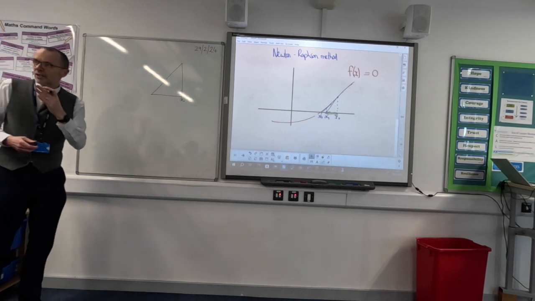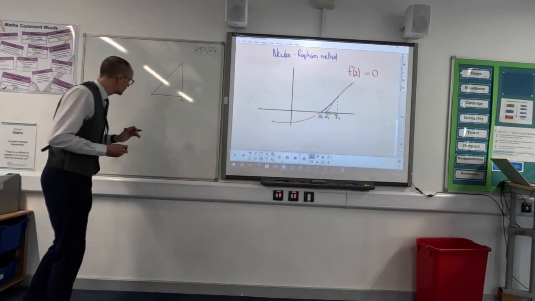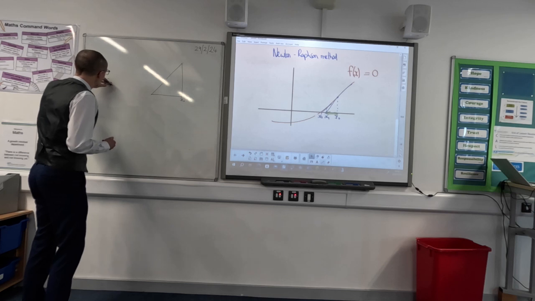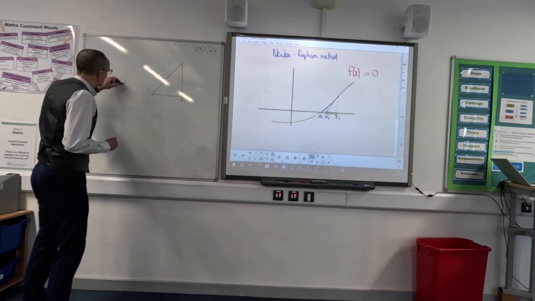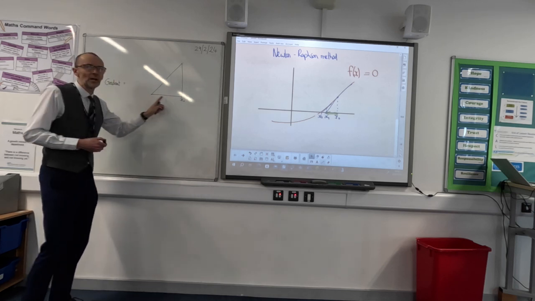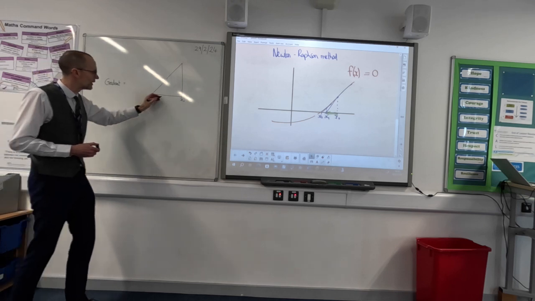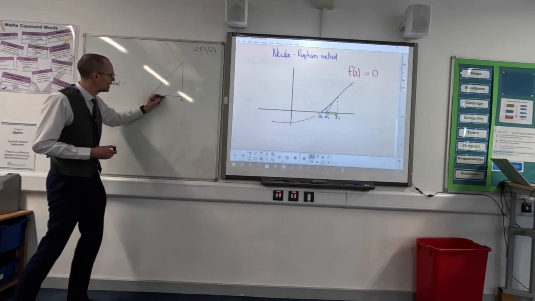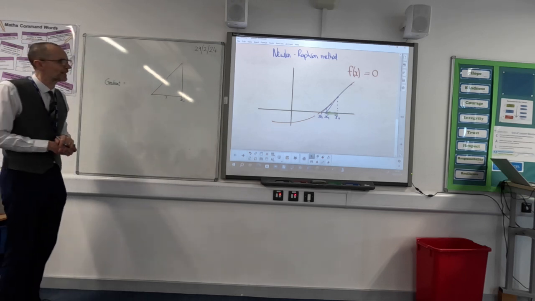I use the gradient to do this. The gradient of that line is the gap that I'm after. I don't know what I'm going to call that, I'll call that question mark. That's the thing I'm trying to work out.